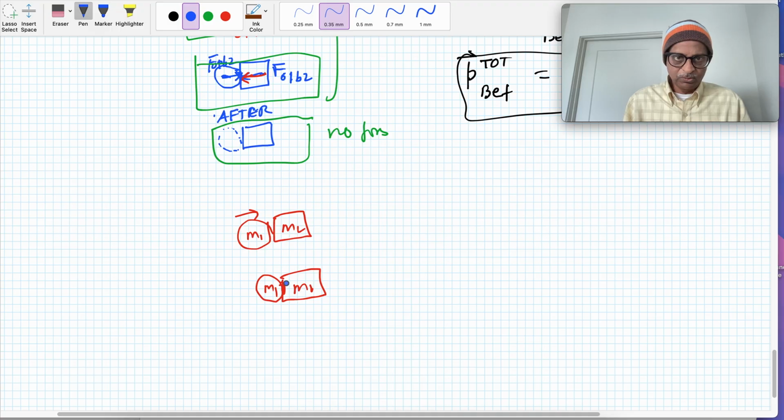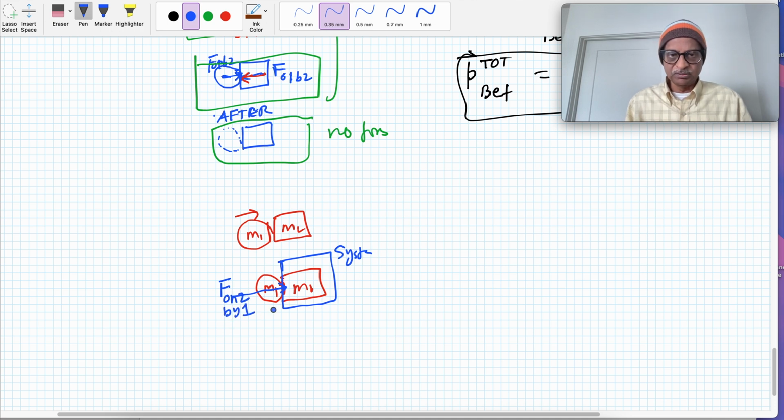Now I'm going to say M2 is my system. Then the force from M1, the force on 2 by 1, on this one, is now an external force.